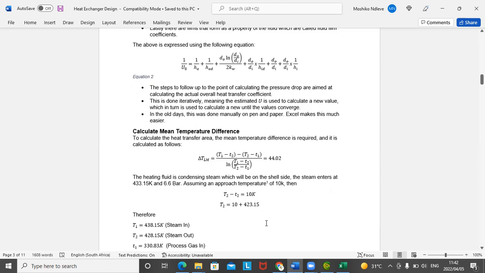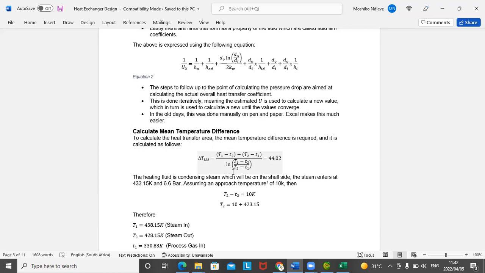The other way to do it is, especially for counter current, where there is not a challenge of crossing, where the process fluid temperature crosses with the heating fluid temperature.